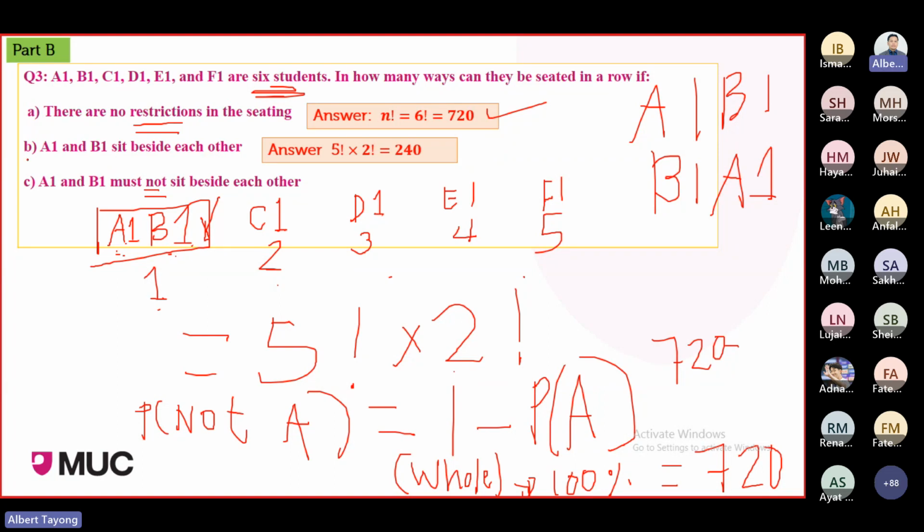The opposite is A1 and B1 should sit beside each other. So we have 720 minus 240. So the answer is equal to 480.